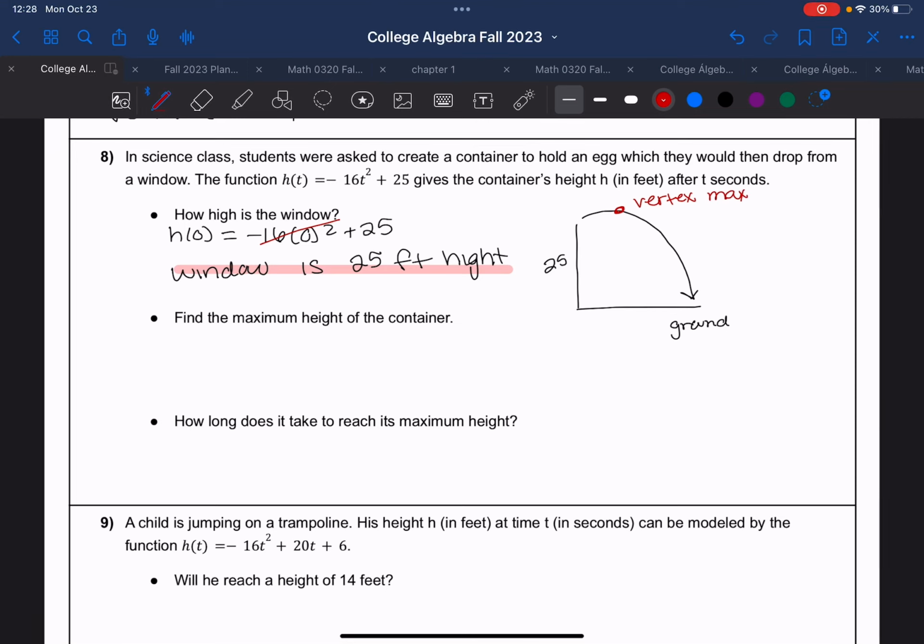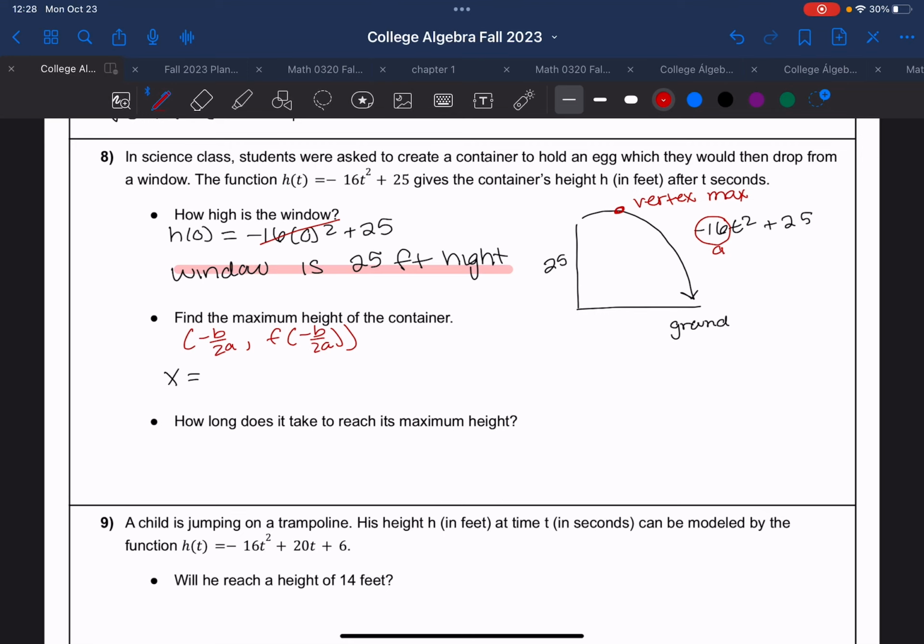Negative 16t squared plus 25. Notice that we have the value for a, but we're missing the value for b. Because remember, the value for b is the one that's going to be attached to the single t. And this value of 25 is our c value. So that means when plugging in b, we're going to have to write 0.